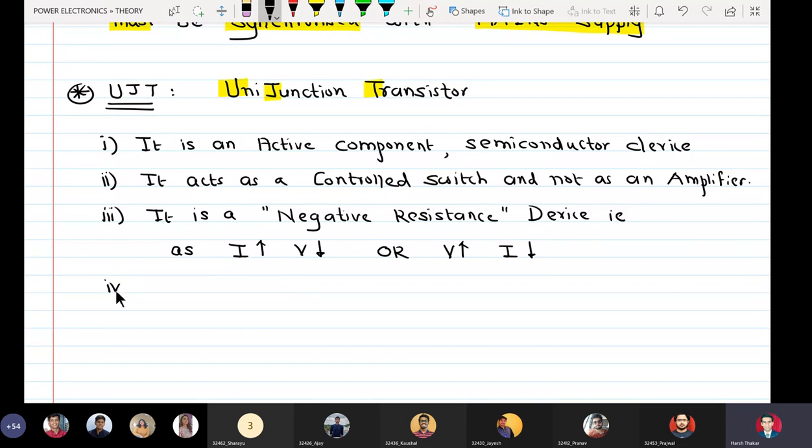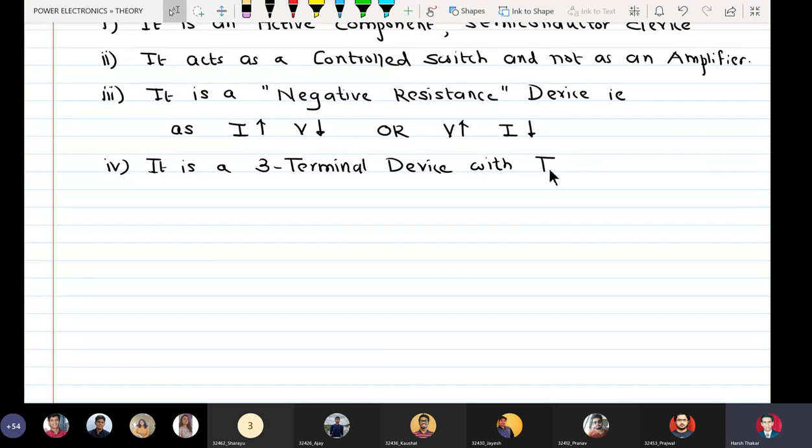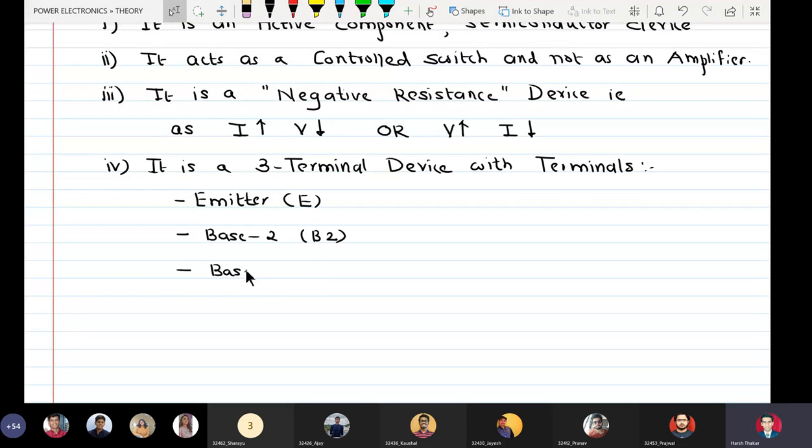Okay. Fourth important thing is, it is a 3-terminal device with the terminals emitter denoted as E, base 2 denoted as B2, and base 1 denoted as B1.